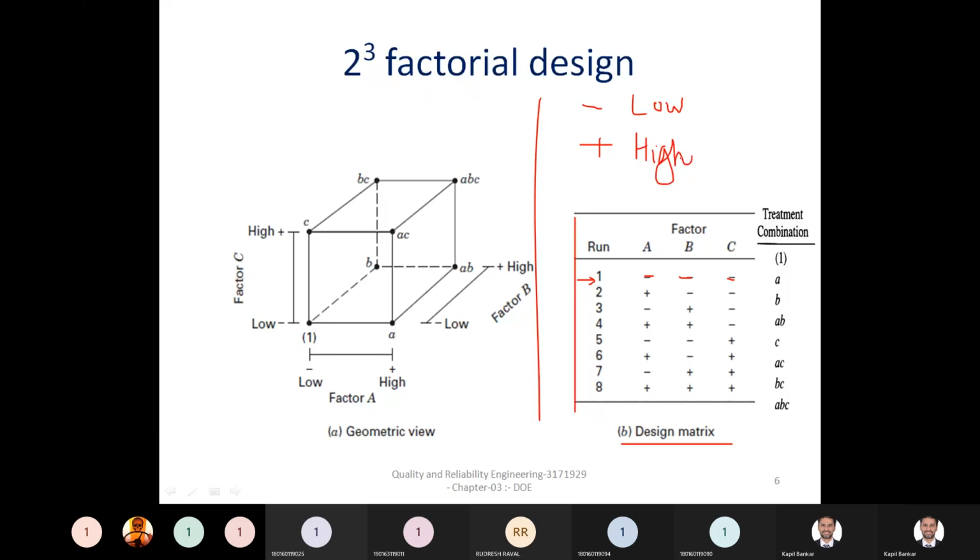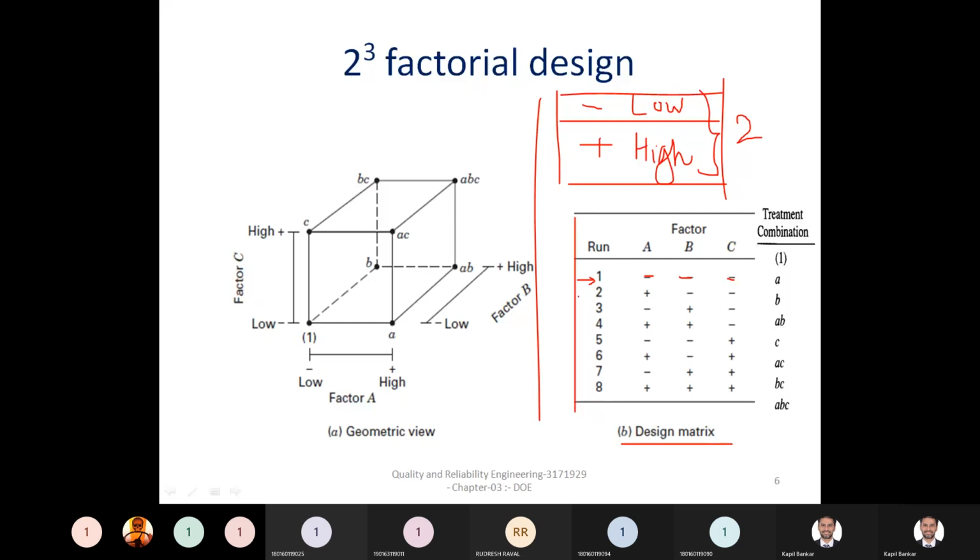Clear? So there are two levels and three factors. But two levels indicates that one is low, another is high. So that low and high value you have to set for each and every experiment.